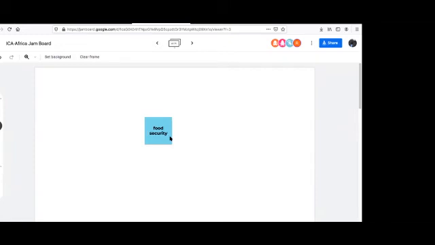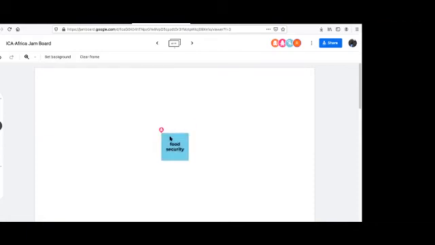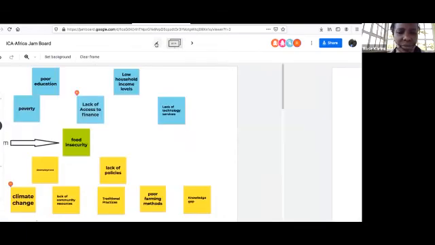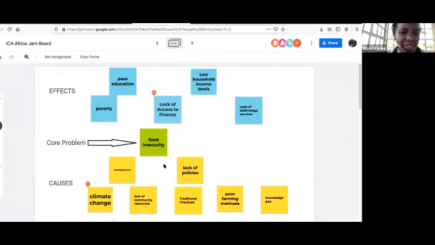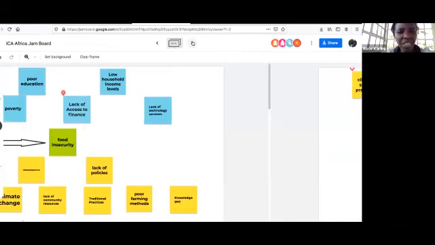Thank you. Now, what are the means of achieving the food security? So we go back to the causes, which will become the means. We shall translate those causes into means of achieving the food security. For us to achieve food security, maybe we shall have climate change mitigation.